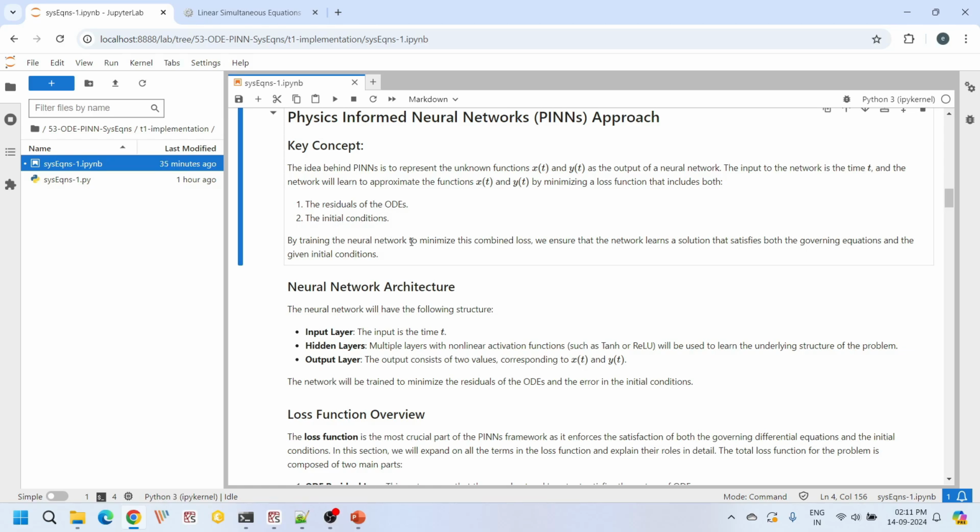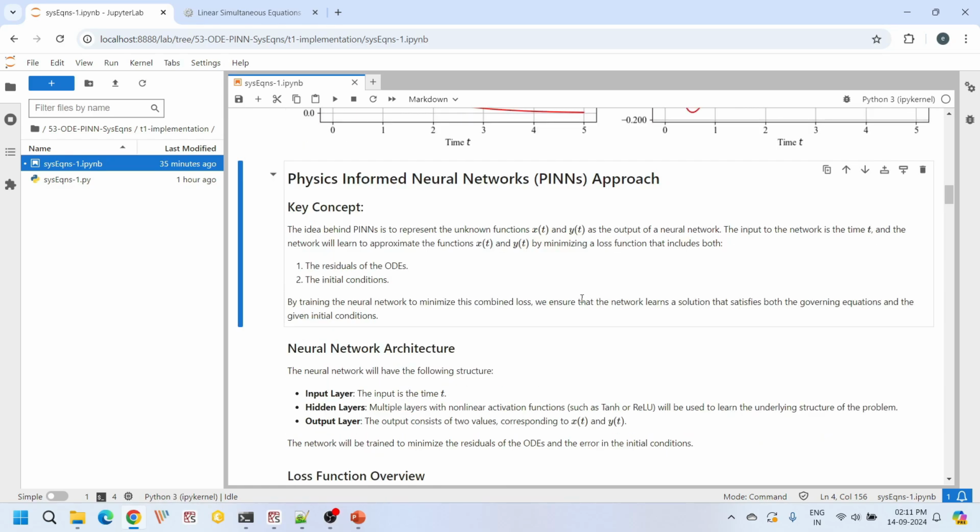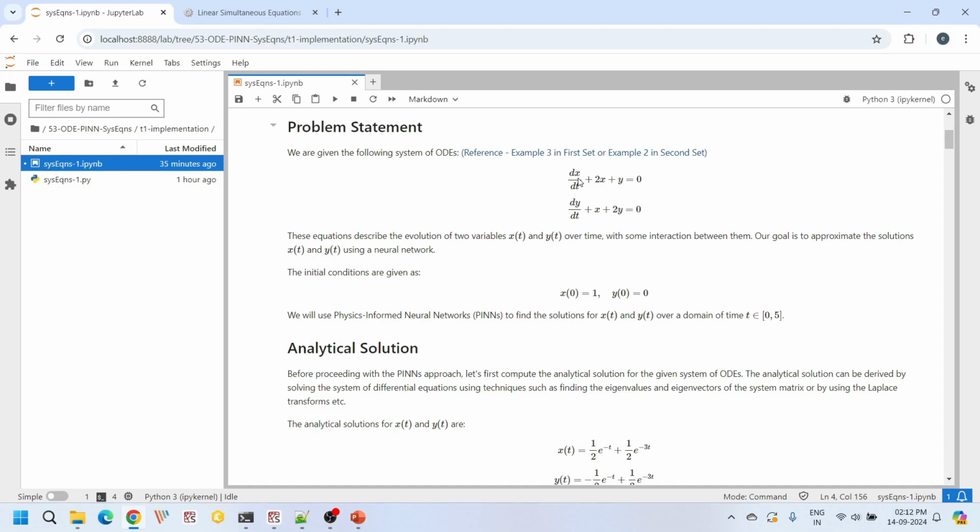By training the neural network, meaning by minimizing the combined loss, we ensure that the network learns a solution that satisfies both the governing differential equations and the initial conditions. Meaning the neural network will give you a solution for x of t and y of t that satisfies these governing differential equations and these initial conditions. So here you can think of this neural network as a function, a neural network function.